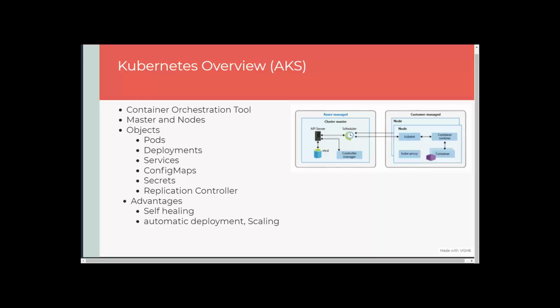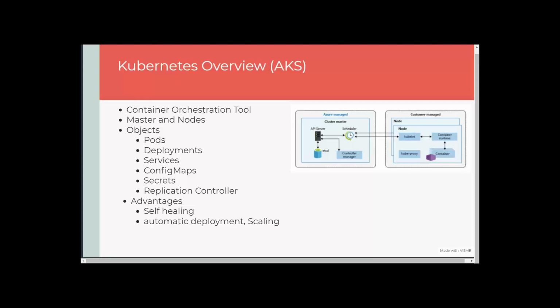Docker doesn't have self-healing capabilities. But with Kubernetes, you can specify, this is my definition, this is how my application should look, and Kubernetes will make sure that all the containers are running in the same state.